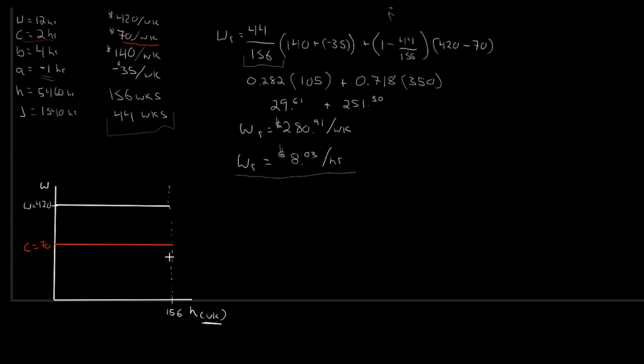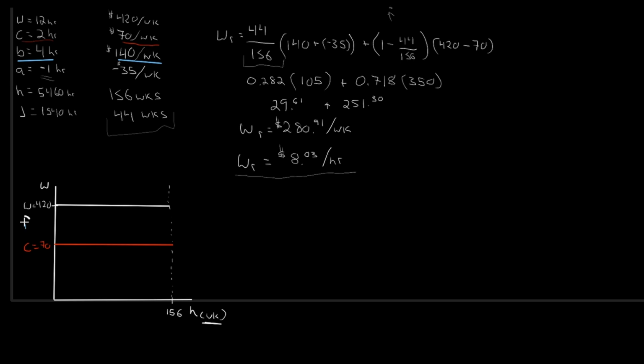Awesome. What is our alternative? If we were not to work, if we were not to earn this 420 minus the cost over 156 weeks, what are we doing? Alternatively, we are earning this benefit of $140 per week.